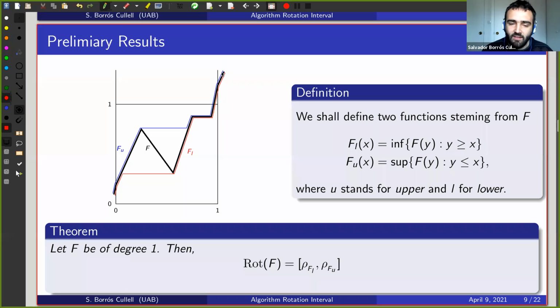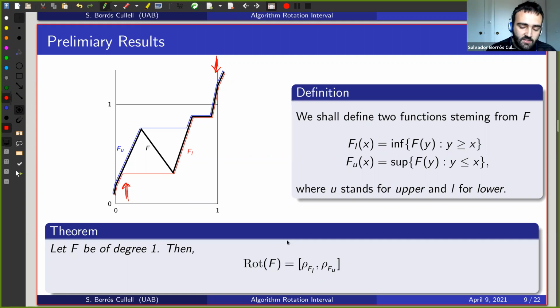However, I think the intuitive idea is, okay, the upper function is built if you start pouring water from here, and then the water would fill all the nooks, crannies, valleys, and you would get a non-decreasing function sort of made by the water. This we will call the upper function, and then the lower would be done by being in Australia and pouring the water the other way around. And sometimes they are also called water functions, but they are the same.